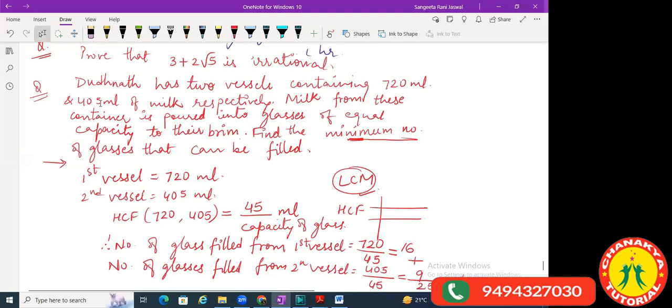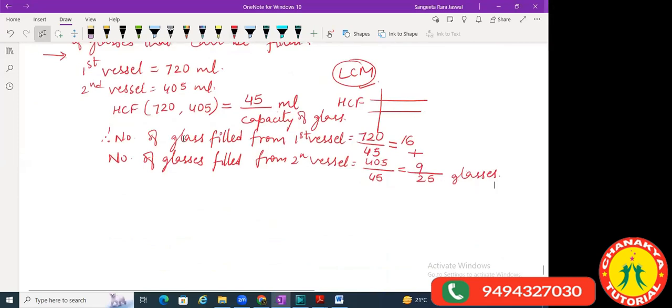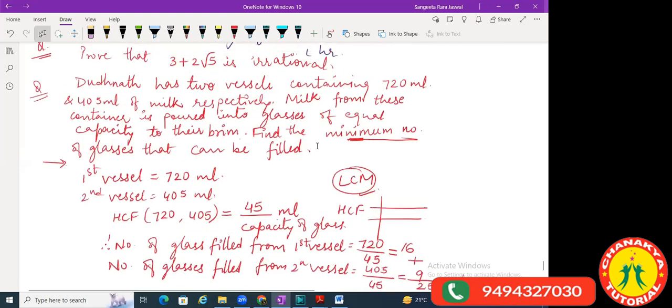Okay. Yes, ma'am. I hope you have understood this. Even if in the question they don't write the minimum here, no, find the minimum number of glasses that can be filled, even if they just write find the number of glasses that can be filled, that would not make any change to the question.